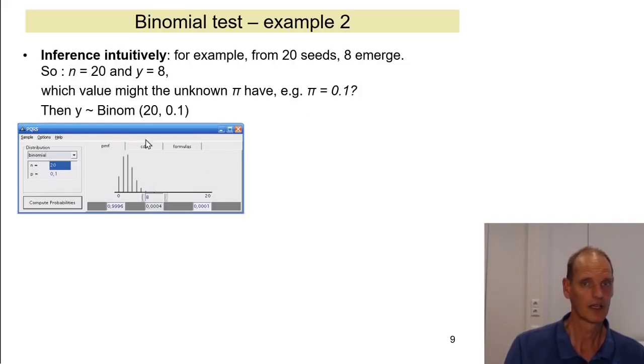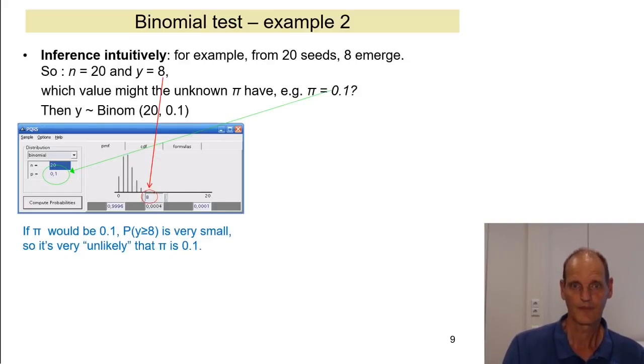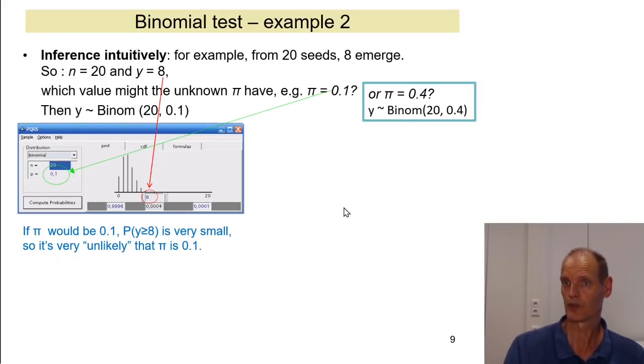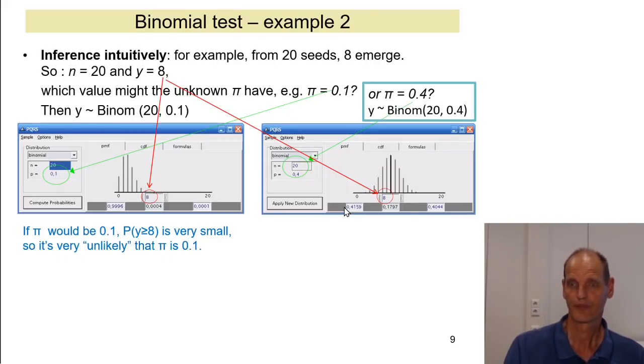And that's actually a little bit how the binomial test works. If pi would be 0.1, the probability y larger or equal 8 is very small, so it's unlikely that pi is 0.1. Could pi be 0.4? Well, in that case, y would have a binomial distribution with n is 20 and pi is 0.4.